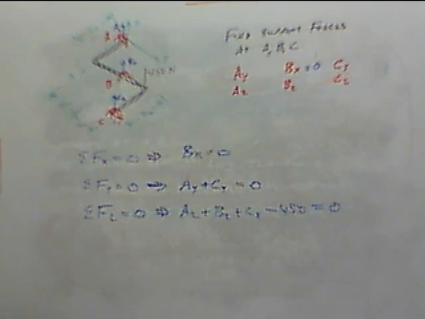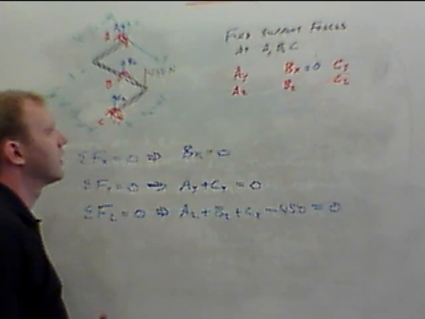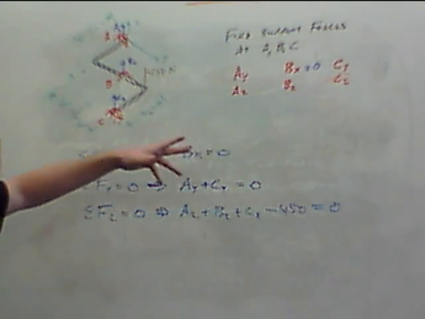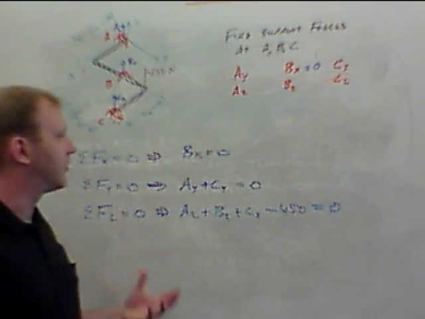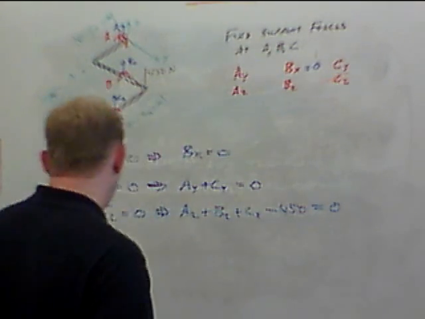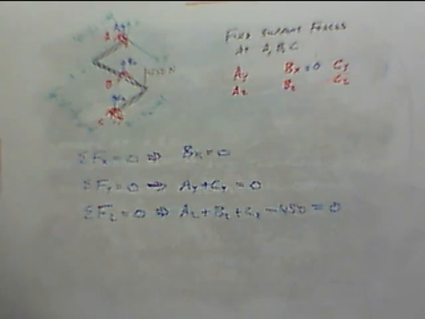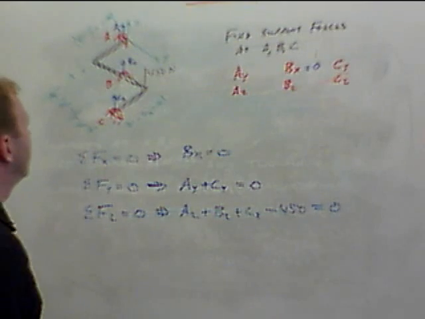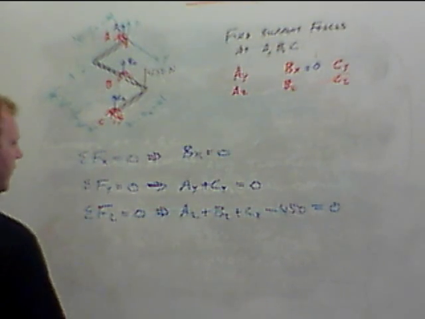Okay, so now we have these 3 equations. We don't have much we can work with here. We still have the equations for moment, though, the ones we haven't used. Even though we're not finding moments, we are still able to use the equations for moment. So what we're going to do here is take our summation of moments.